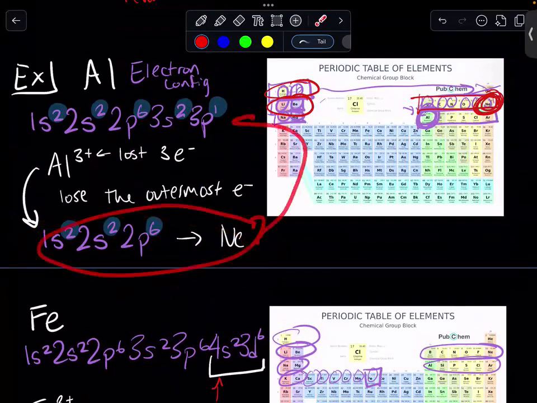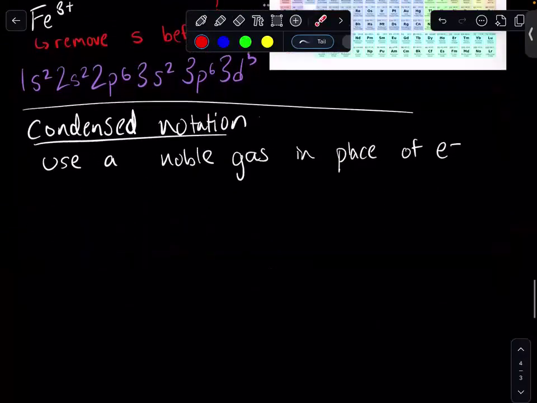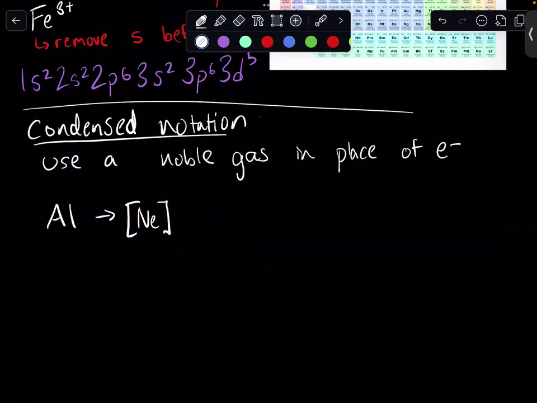So we could actually rewrite aluminum a different way. We can rewrite aluminum by saying neon in brackets, 3s2, 3p1, because neon represents 1s2, 2s2, 2p6. And because it is the same thing, we can just use brackets to notate it. And so you will never have to do that again.